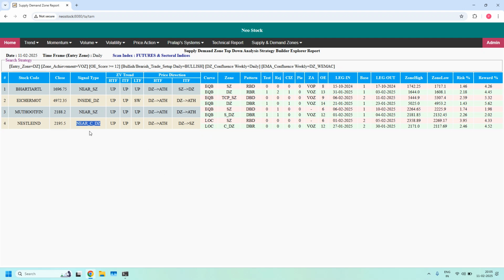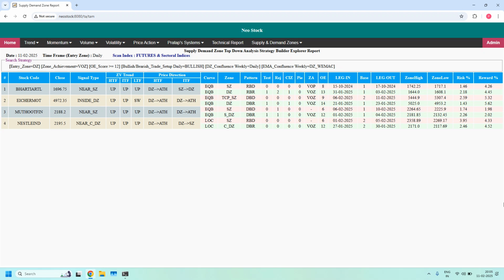And moreover, this daily zone is overlapped with weekly zone. And the weekly zone is having weekly EMA confluence. And it is a high liquidity zone. Interesting. HR motor is inside the demand zone. Okay, this is based on LTF and ITF.